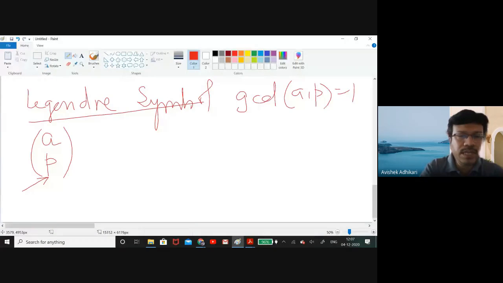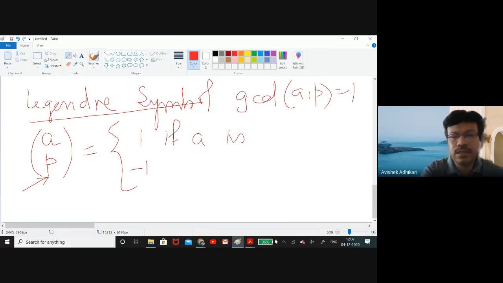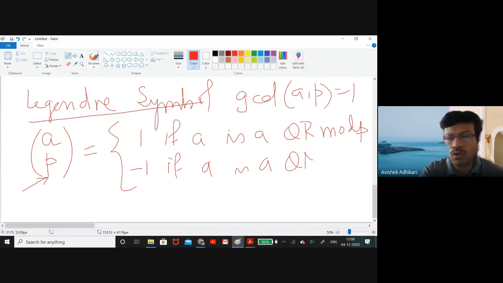Now, what is the meaning of this? This value is either 1 or -1 depending on the cases. The Legendre symbol (a/P) is 1 if a is a quadratic residue modulo P, and -1 if a is a quadratic non-residue modulo P. Some of the books have also given some extra term, 0.